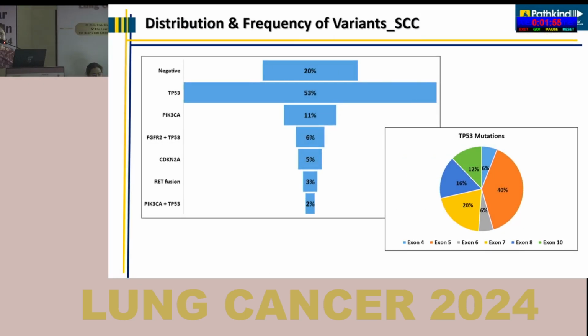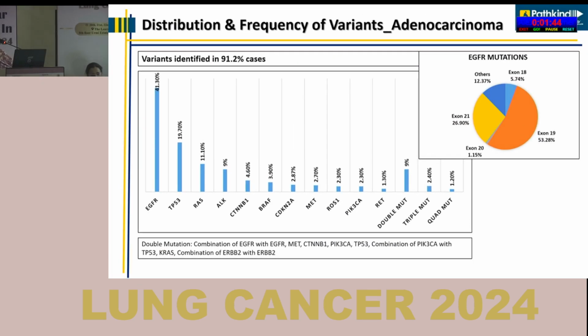Amongst the squamous cell carcinomas, in 20% of cases we could not identify any variants. Amongst the EGFR mutations, the highest percentage of the subtype that we saw was exon 19 mutations.